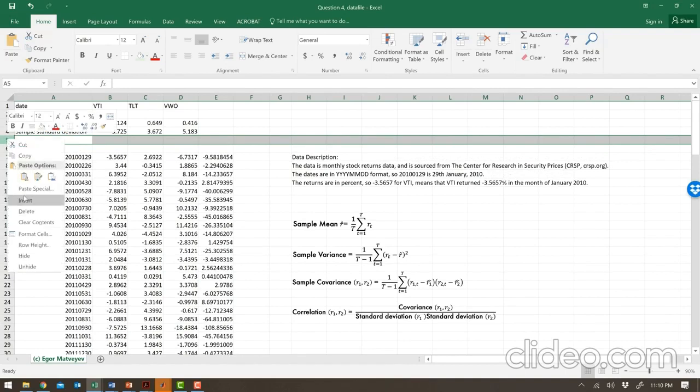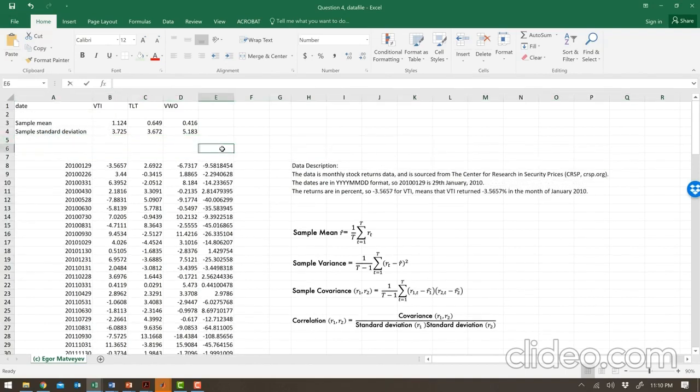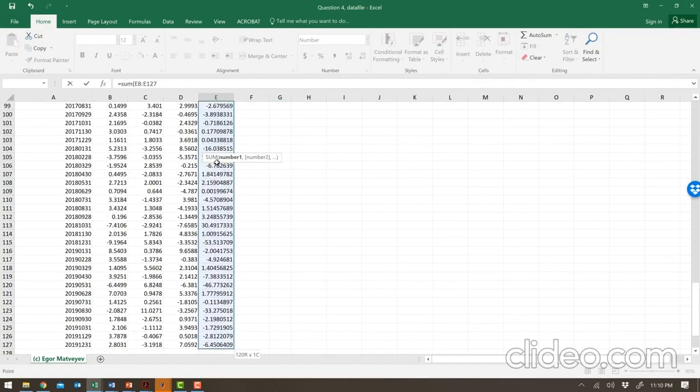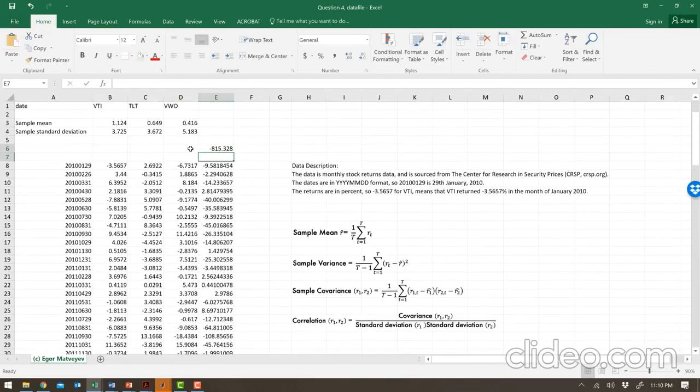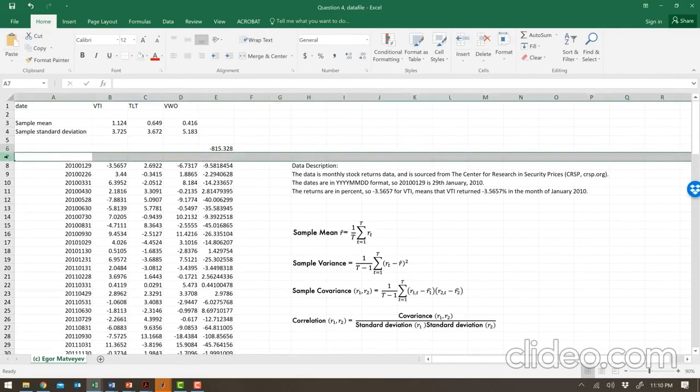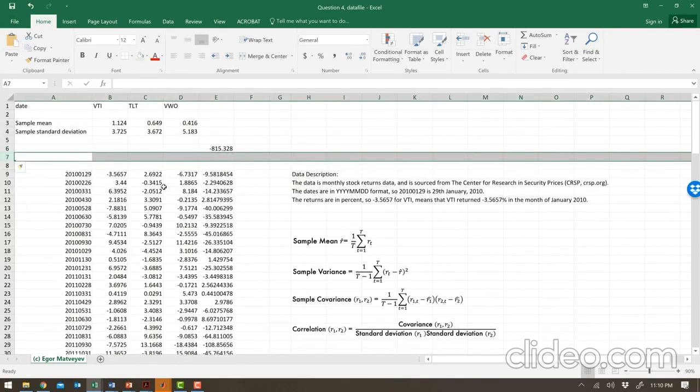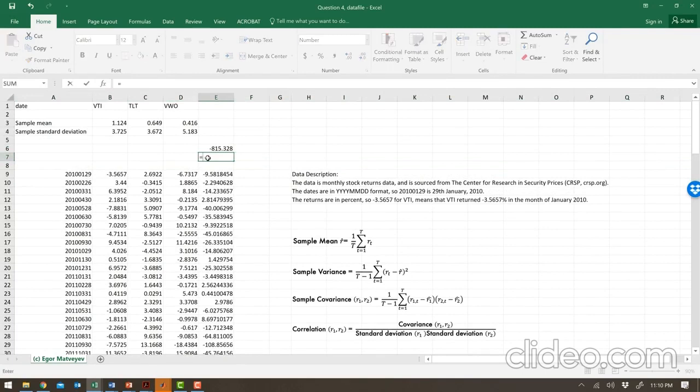Now I will add up these sums. So I will sum them all up. And then I also divide it by t minus 1, or by 119 in our case.